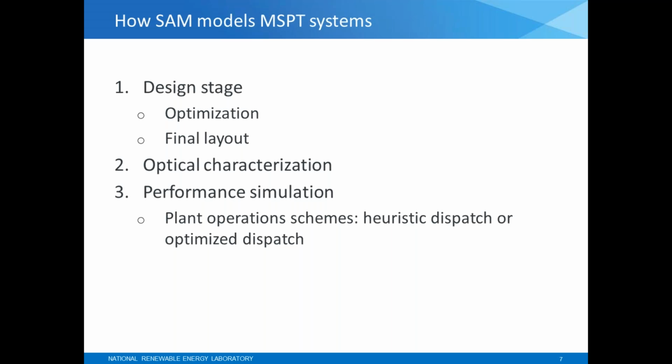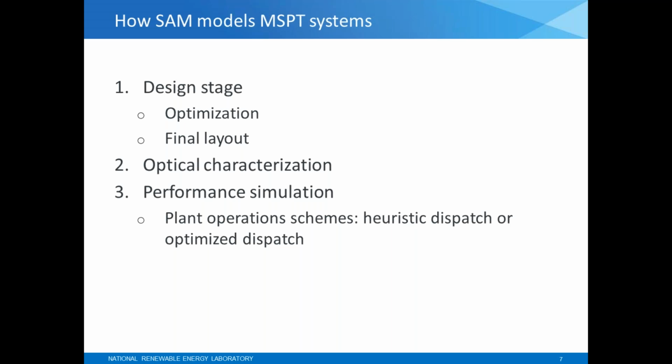to take the field that you've generated and optically characterize it. So you don't necessarily want to run a detailed analysis of the optical performance of a heliostat field for each hour of the year, because it duplicates itself and it's time consuming.